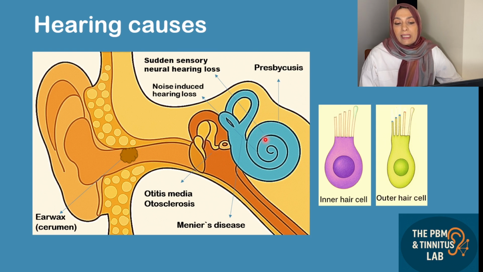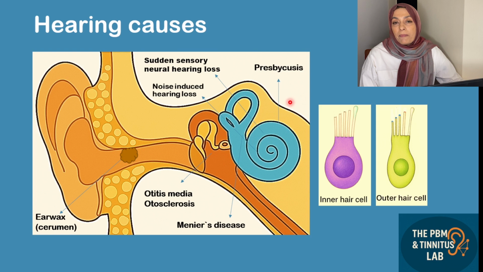And also in the inner ear, the inner hair cells and outer hair cells are located in the cochlea, and outer hair cells amplify the sound, and inner hair cells transduce the sound vibrations to electrical signals. Damage to the hair cells in the inner ear may lead to tinnitus.